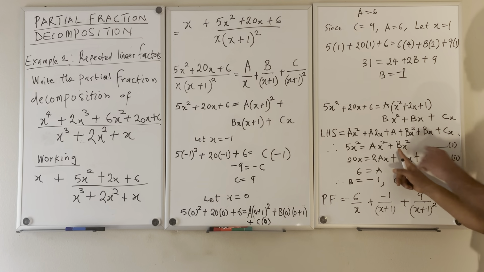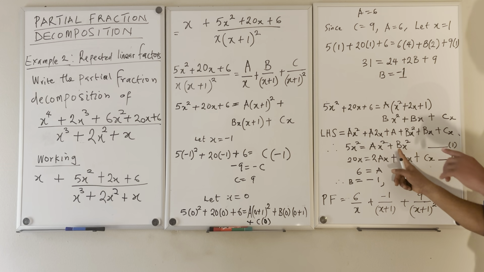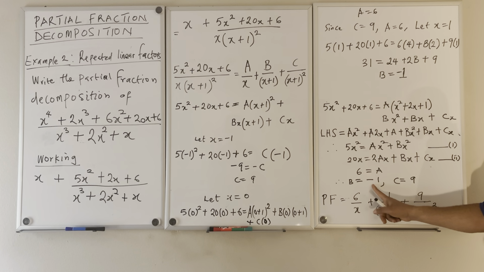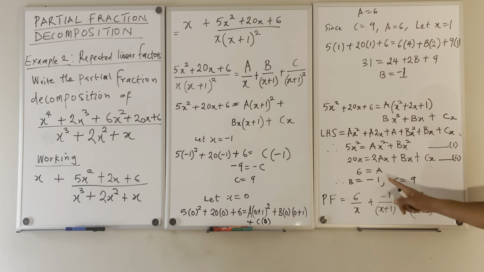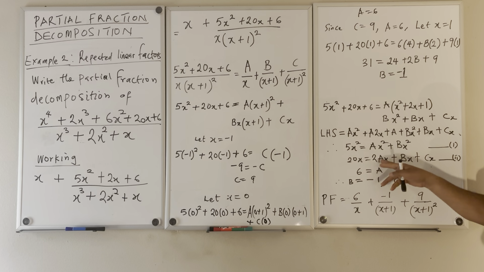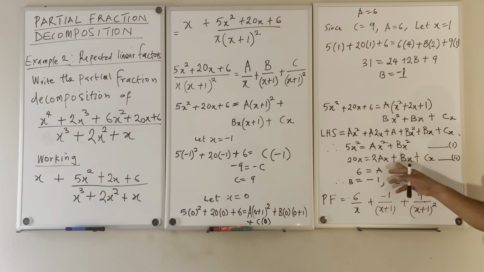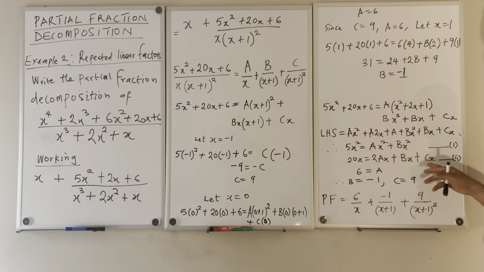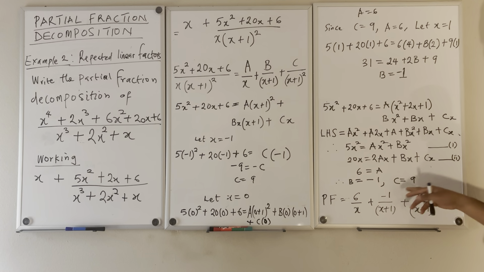So b is equal to 5 minus 6, and that will give us b is equal to minus 1. Now we've found our a and b, we're only left with c as the only unknown. When I substitute a and b in this expression, the only unknown I'm left to find is c, and when I do that, you will see that c is equal to 9.